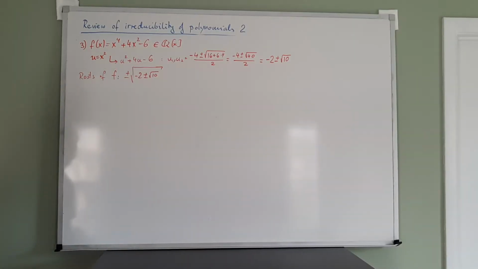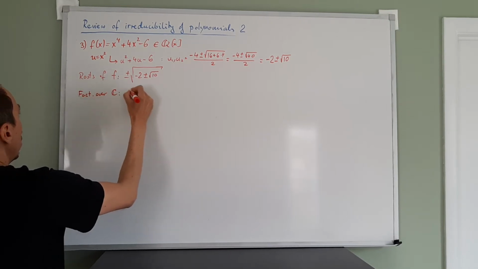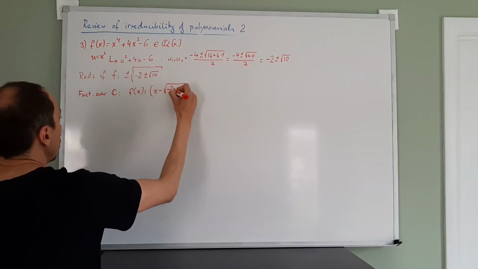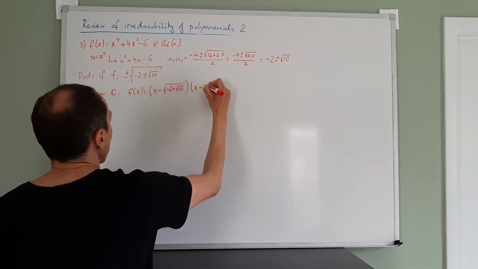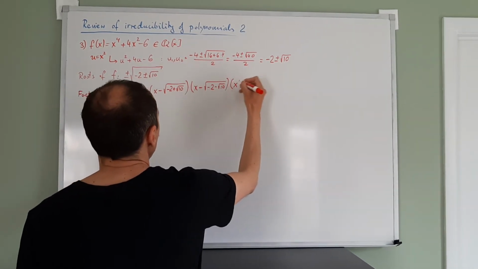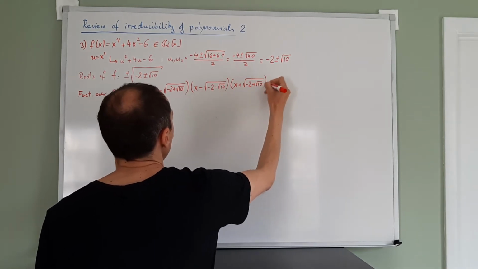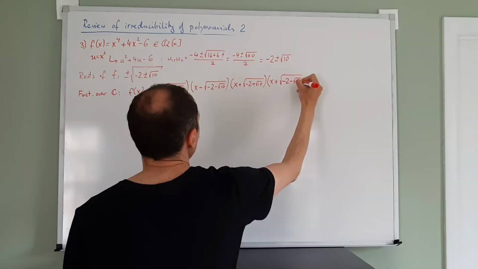All right, so you have 4 roots in total, 4 complex roots in total anyway. So I immediately have the factorization over C. This is f of x is equal to x minus the square root of minus 2 plus radical 10, x minus the square root of minus 2 minus radical 10, x plus the square root of minus 2 plus radical 10, and x plus the square root of minus 2 minus radical 10.